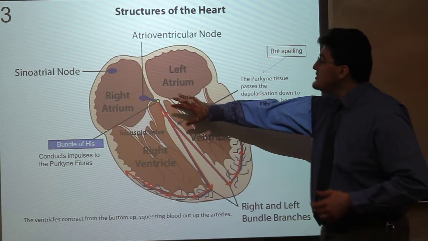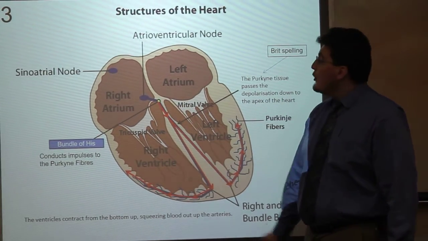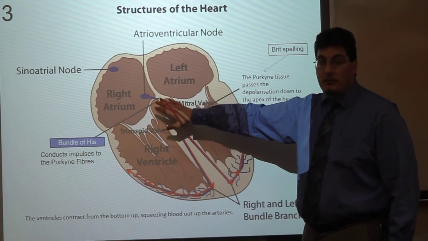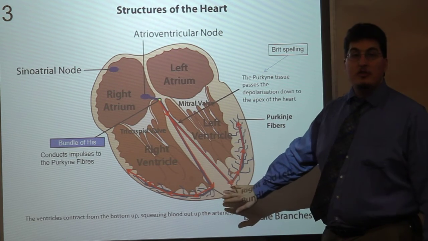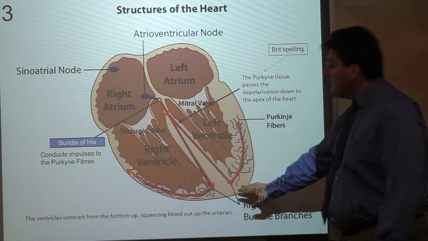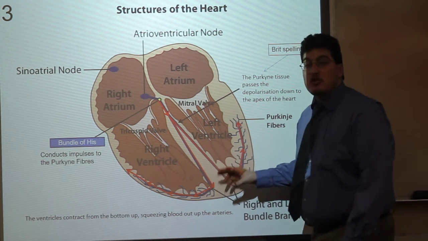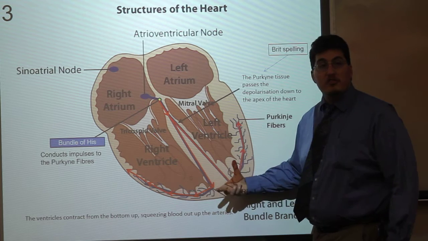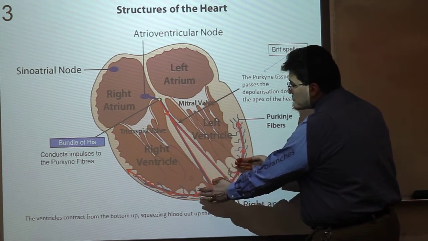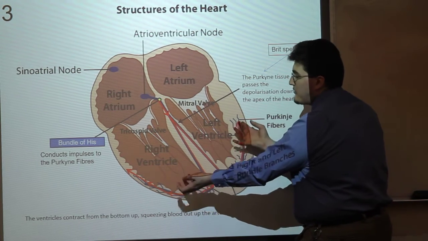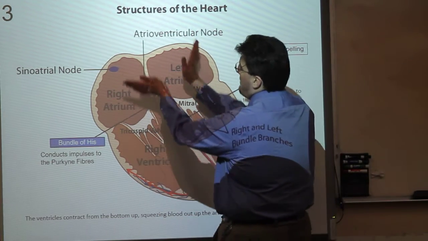So this Purkinje fiber material that is the right and left bundle branches will carry this impulse from the bundle of His down the interventricular septum toward the apex of the heart, allowing contraction of the ventricles to start at the apex of the heart, and then spreading the contraction along these Purkinje fibers and contracting the heart ventricles from the bottom up.